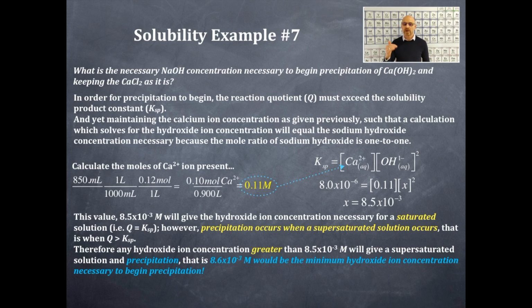That is, 8.6 times 10 to the negative 3 molar would yield the minimum hydroxide ion concentration necessary to begin precipitation. Any number greater than 8.5, so 8.5001 times 10 to the negative 3 would work as well. 8.5000001 times 10 to the negative 3 will work as well. Anything greater than that at equilibrium will work.